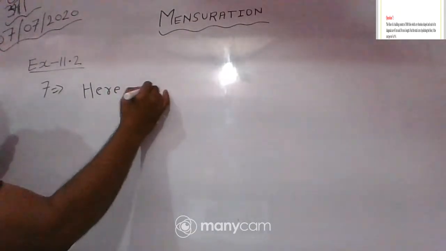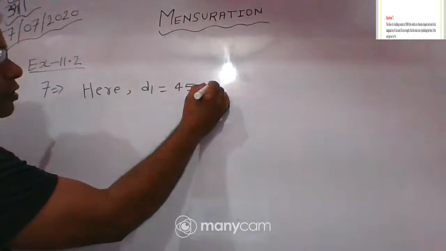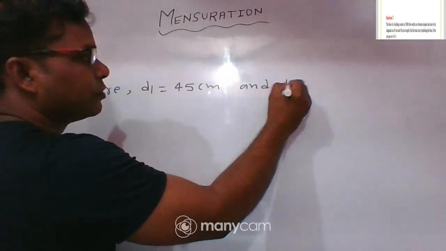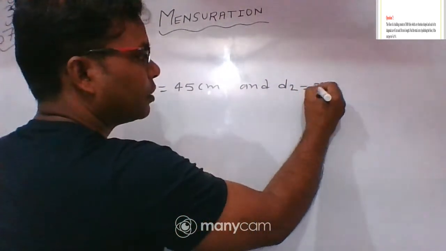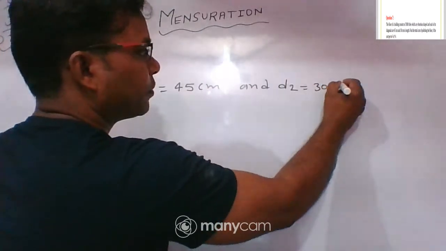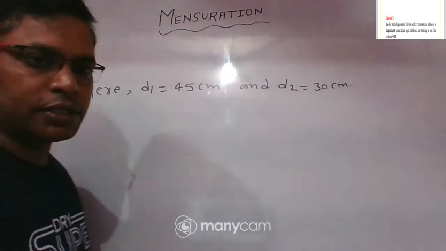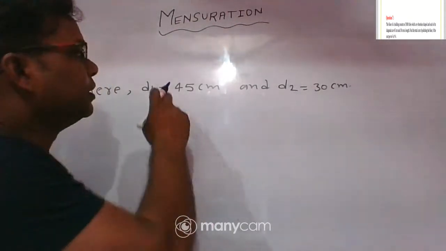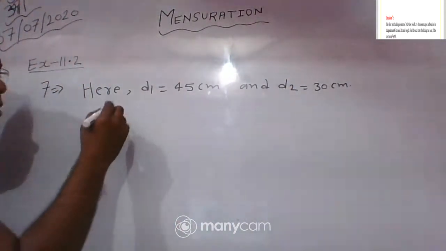We take D1 equal to 45 centimeters and D2, this is also a diagonal, is 30 centimeters. Tiles are the shape of a rhombus and these are the diagonals of the rhombus. So first we find the area of one tile.